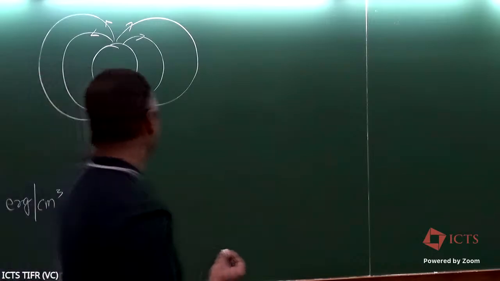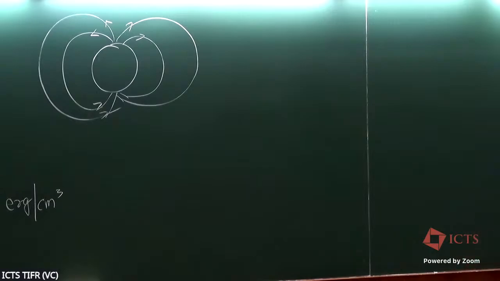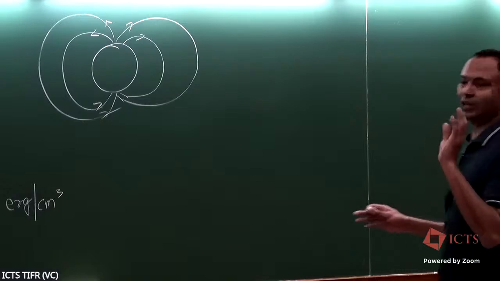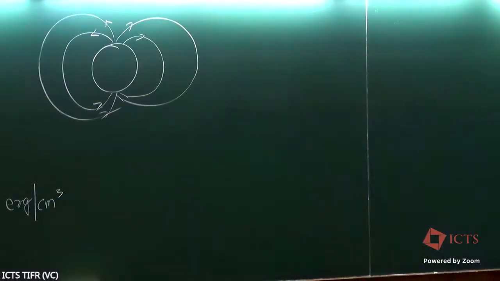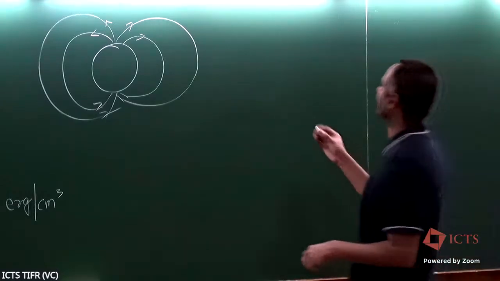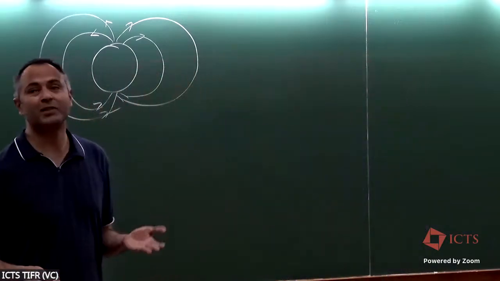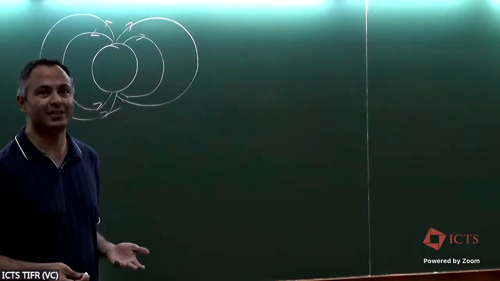So far away from the planet, what happens depends on a few things, and all of these are seen in different types of astrophysical objects. There is one ultimate limit which cannot be crossed, which is that you cannot co-rotate faster than the speed of light. At some radial distance, if the co-rotation speed becomes equal to the speed of light, that's called the light cylinder.